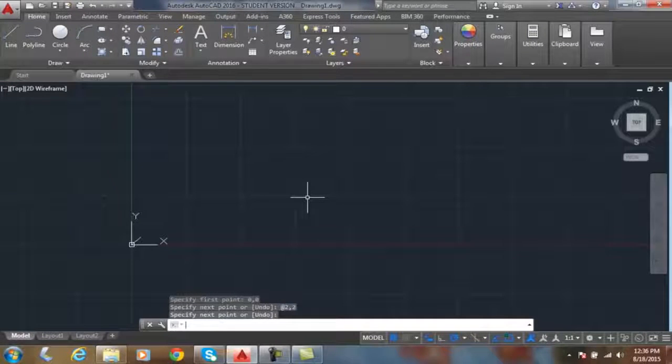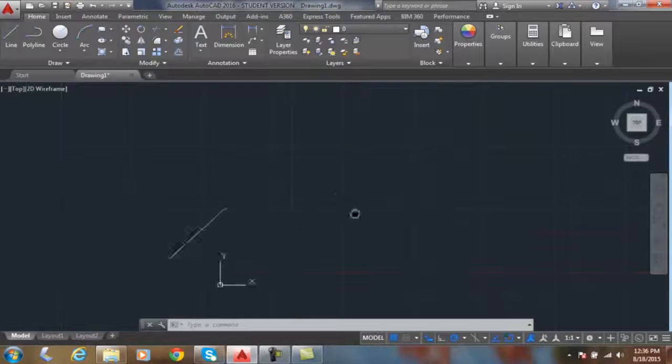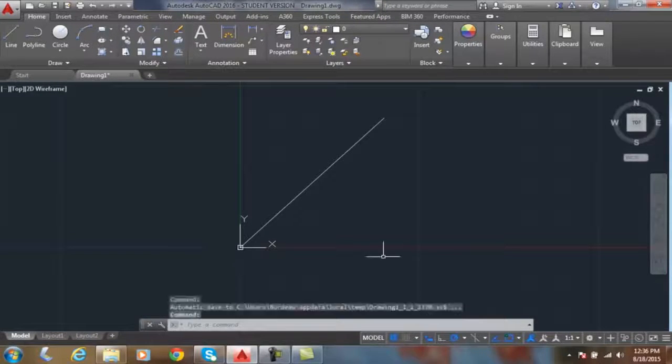It's a little tiny line here. I'm going to roll my mouse wheel and zoom in here. I'm going to see this one went over 2 units and went up 2 units. But right now, this line is drawn from 0,0 to 2,2.